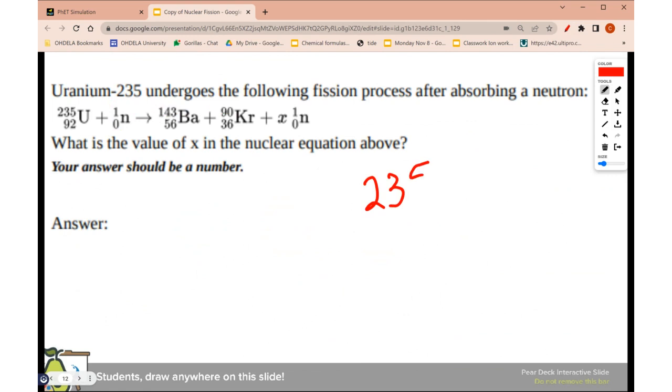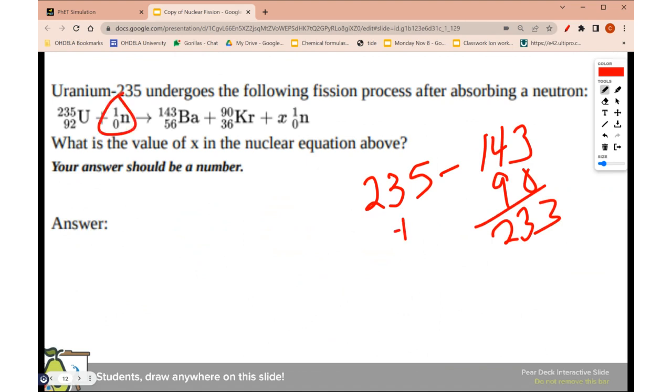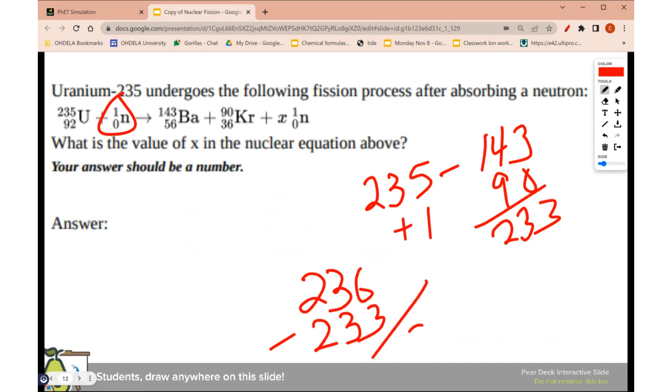So 235 minus 143 plus 90 is 233. Now we have to add this neutron to it. So we get 236 minus 233, which gives us 3 neutrons. So we have 3 neutrons as my final number of neutrons that are emitted.